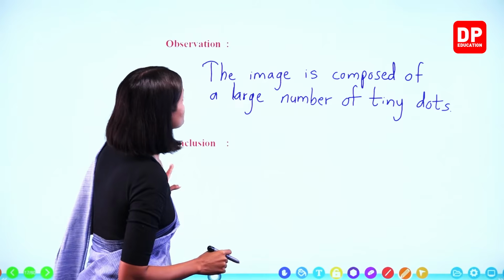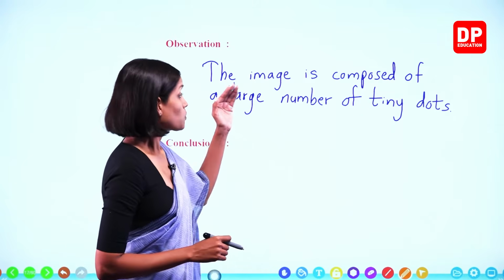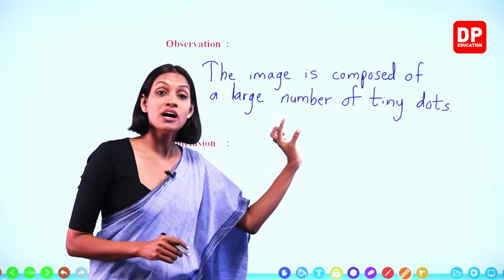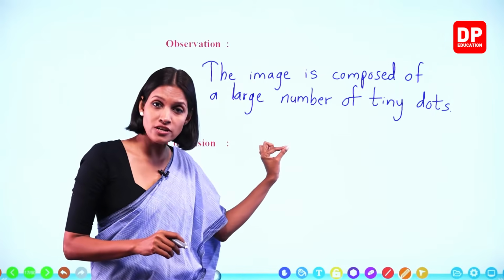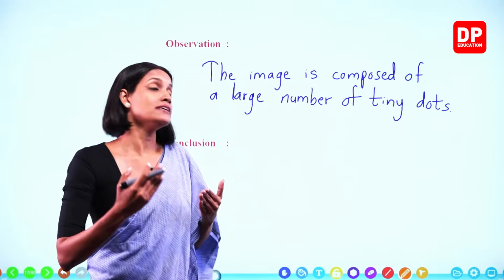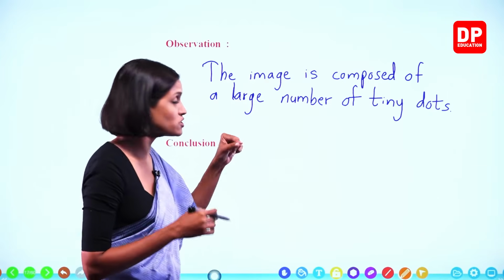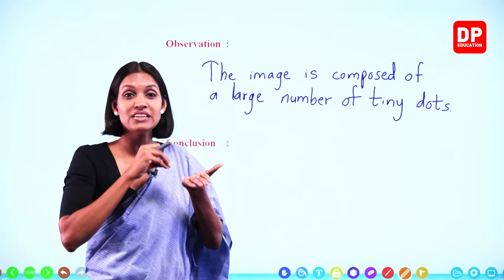Right? The image is composed of a large number of tiny dots. Without the hand lens, we cannot identify them as tiny dots because our resolving power is less than that of a hand lens. Right? So using a hand lens, you can observe these dots very clearly.